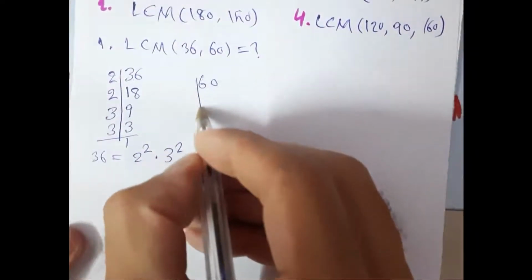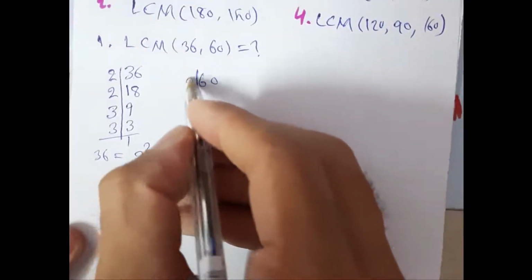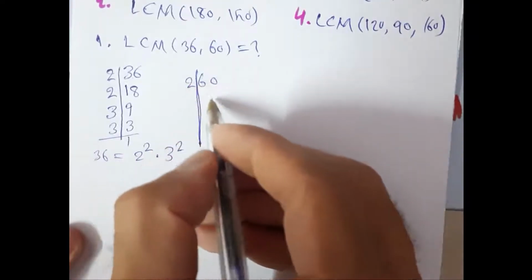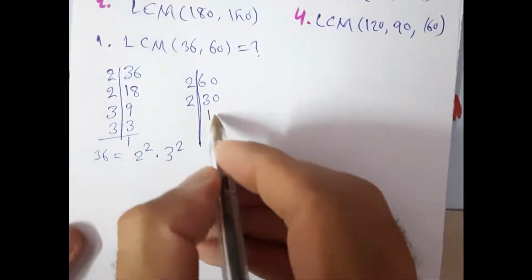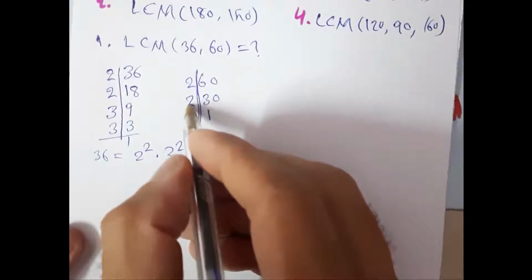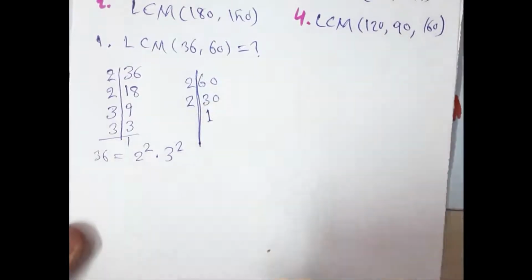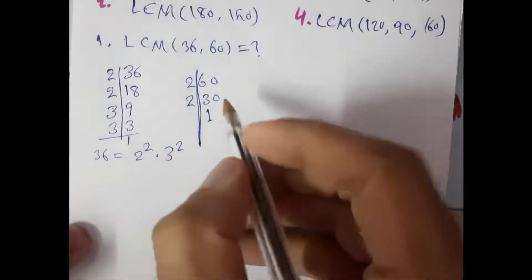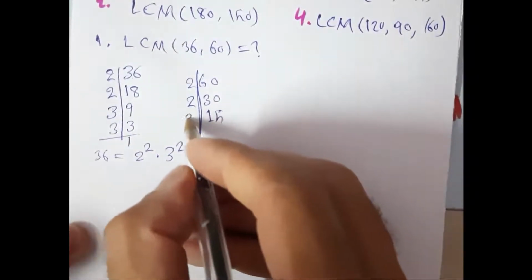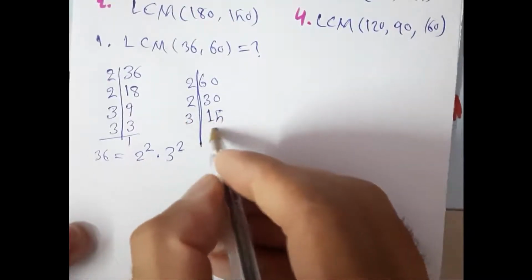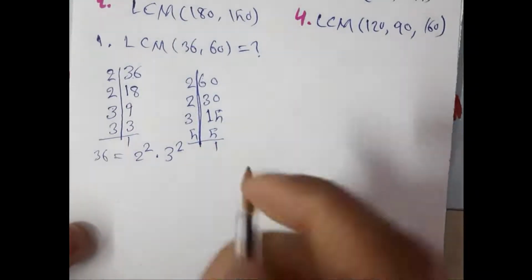Now 60, we want to change 60 into its prime factors. 60 divided by 2 is 30. 30 divided by 2 is 15. 15 divided by 3 is 5. 5 divided by 5 is 1.